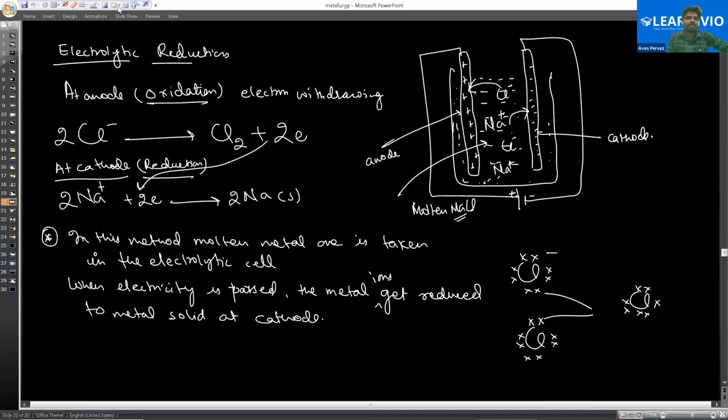Okay. Electrolytic reductions. For example, what we are studying here: we purify the ores, and after having the ores purified, the impurities are removed, the sand, soil, whatever it is. Then we have four types of ore.